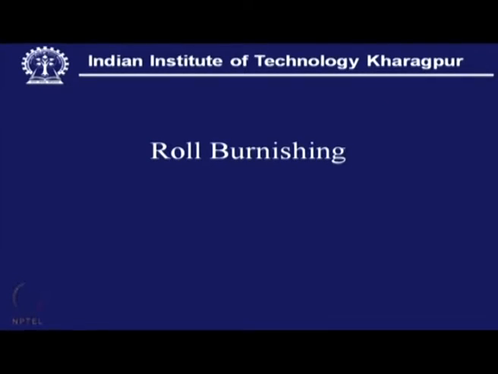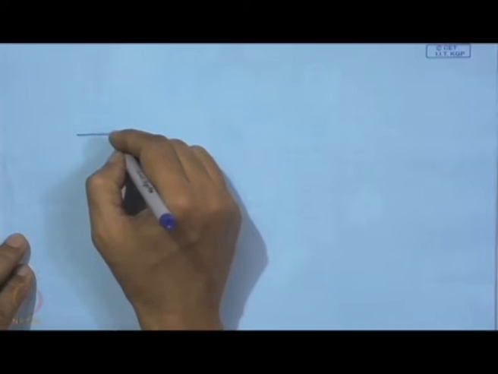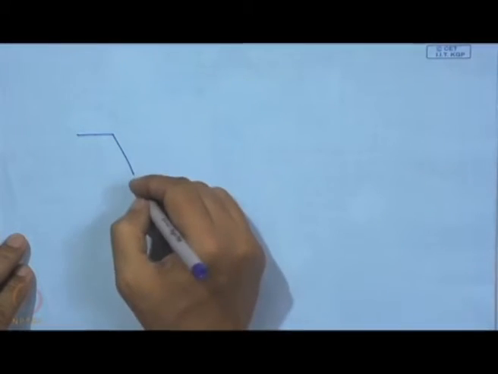Now comes roll burnishing. In roll burnishing the rollers are used, whereas what we have seen so far is the use of the ball. In roll burnishing, we can see its application here. Say we have an internal conical surface, say it can be the valve seat.